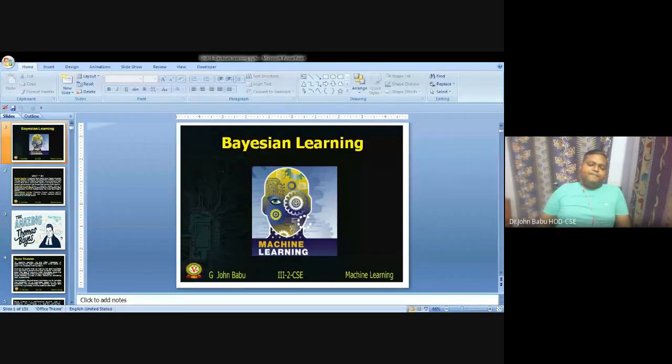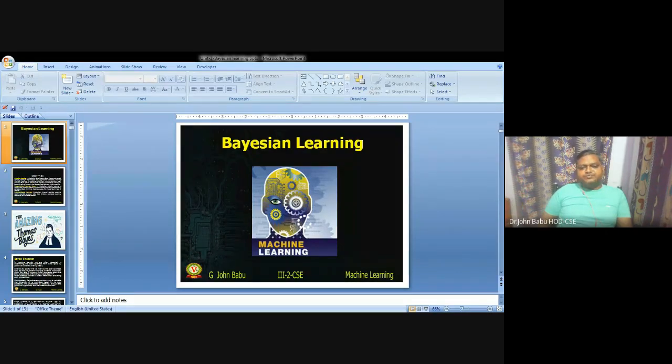Moving further, we have come to the third unit, which is learning. So we are going to see three types of learning: Bayesian learning, computational learning, and instance-based learning. In case of instance-based learning, we are going to see the KNN algorithm.